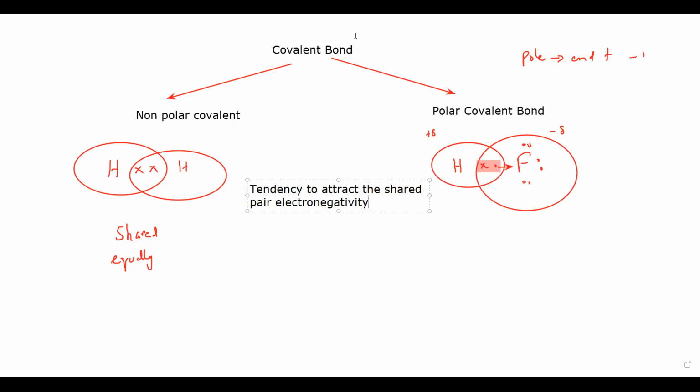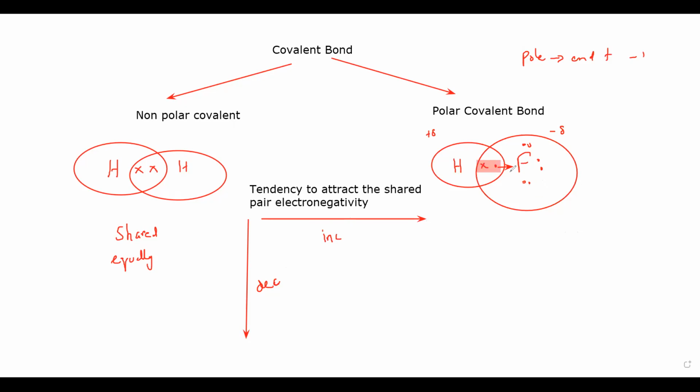So the tendency to attract the shared pair of electrons is called electronegativity. As we go down the group, the electronegativity decreases because the size is increasing. And as we move across the period, the electronegativity increases because the nuclear charge increases, so attraction also increases. The element which is the most electronegative is fluorine.